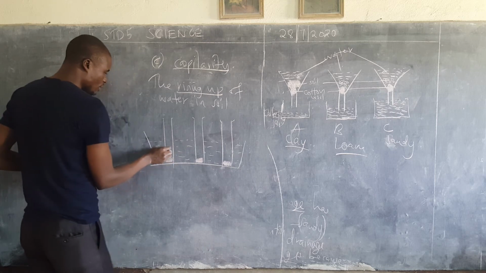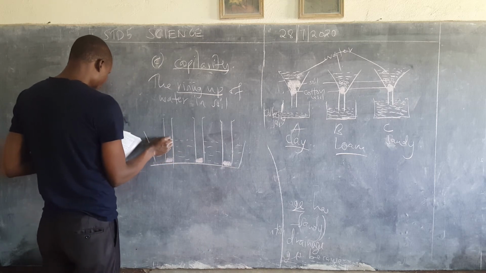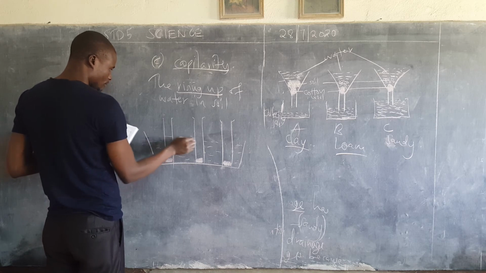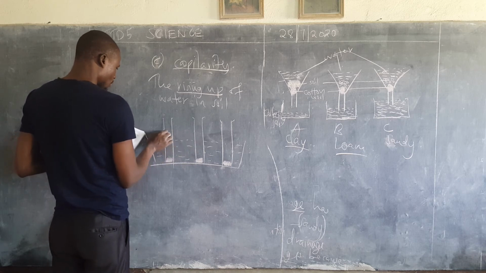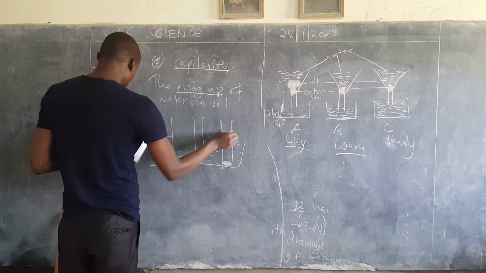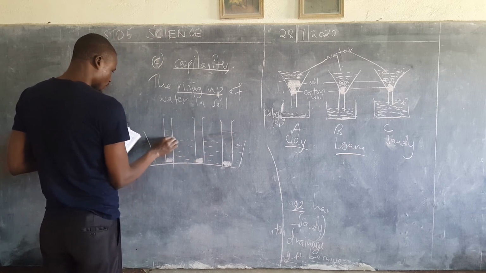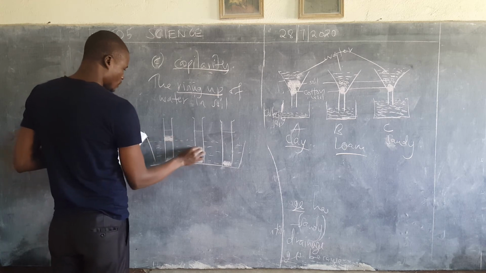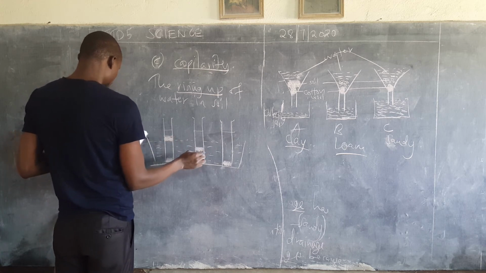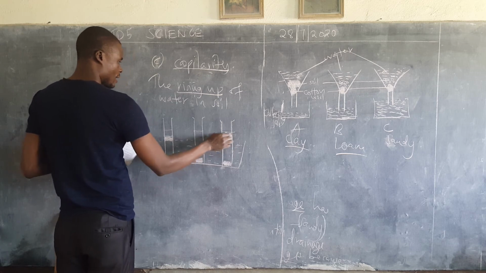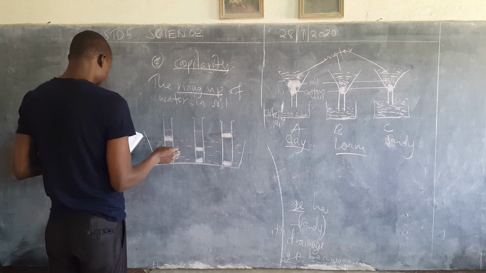Yes, the soil here is mixed with water, so meaning we can put water here. The level of water is the same level, and then there's a part that will be here, and then another one will be so high around that place.